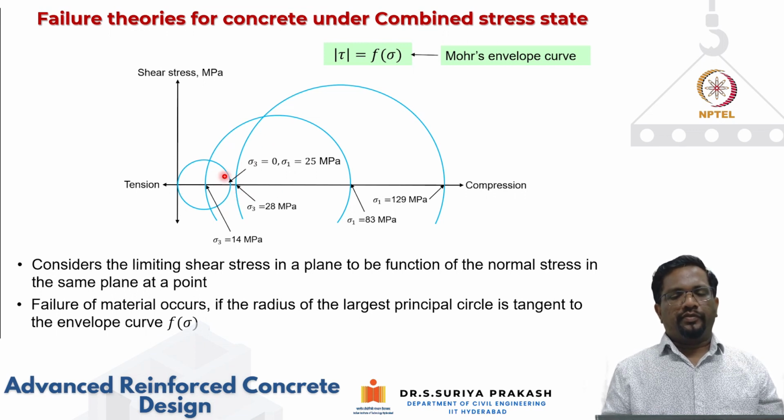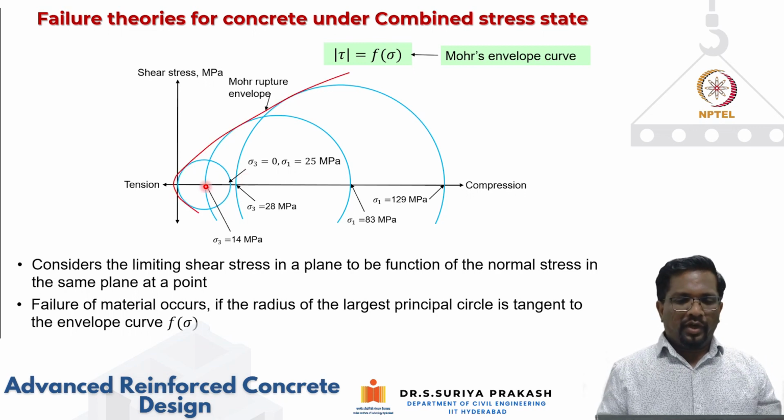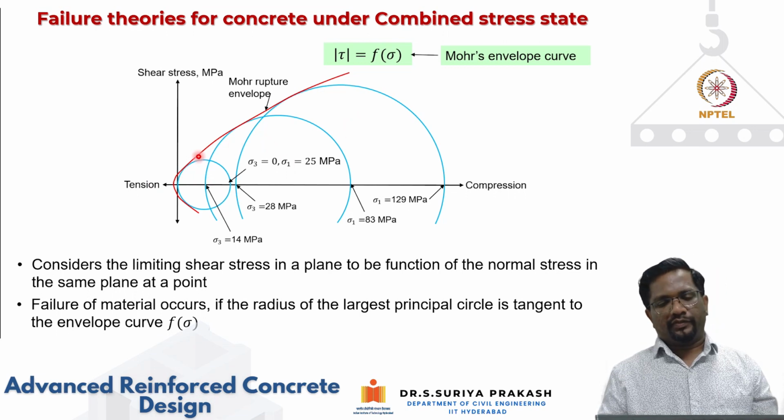So these are the different stress conditions at which this concrete is failing. So I can now develop an envelope, because these are the different stress states at which the material is failing. I can draw a tangent to these and develop this Mohr failure envelope. This is the way we develop this Mohr envelope failure curve.